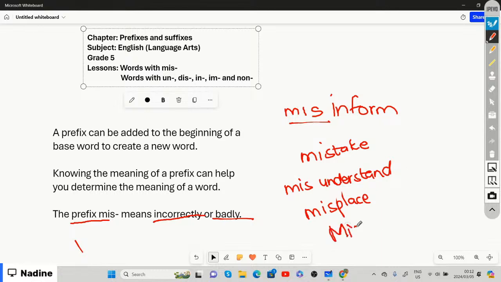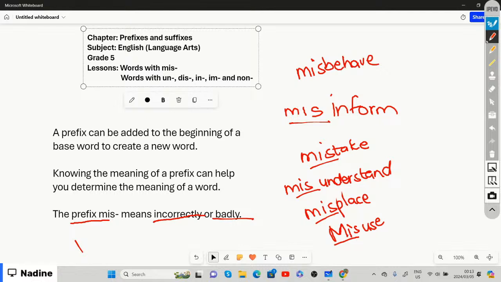Then we have misuse, where you use either funds or things incorrectly. And lastly, misbehave, where you are behaving in a bad way.